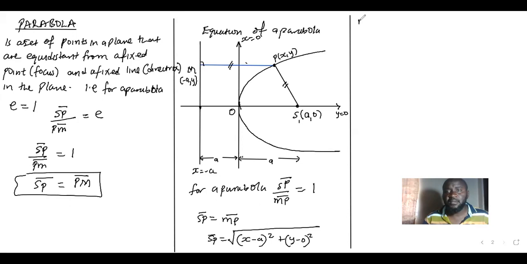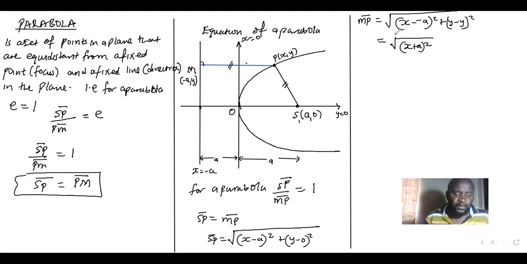Whereas MP can be got from the root of x minus (negative a) squared plus y minus y squared. This will realize MP as x plus a. Let me call this equation 2. This is our equation 1.